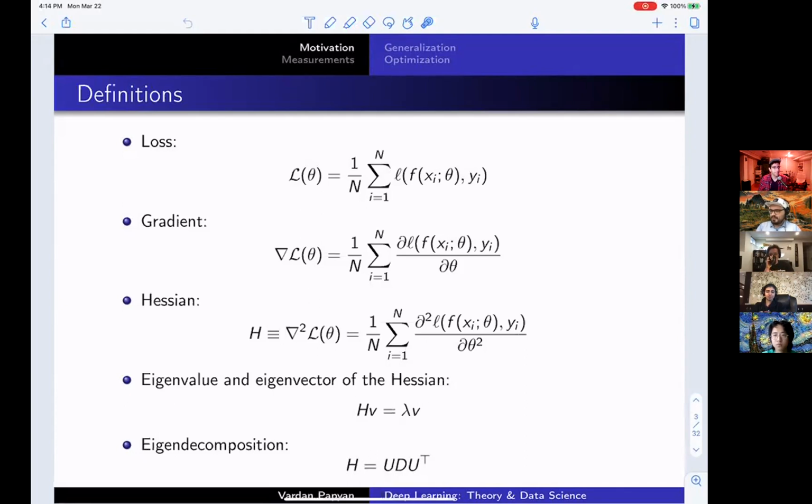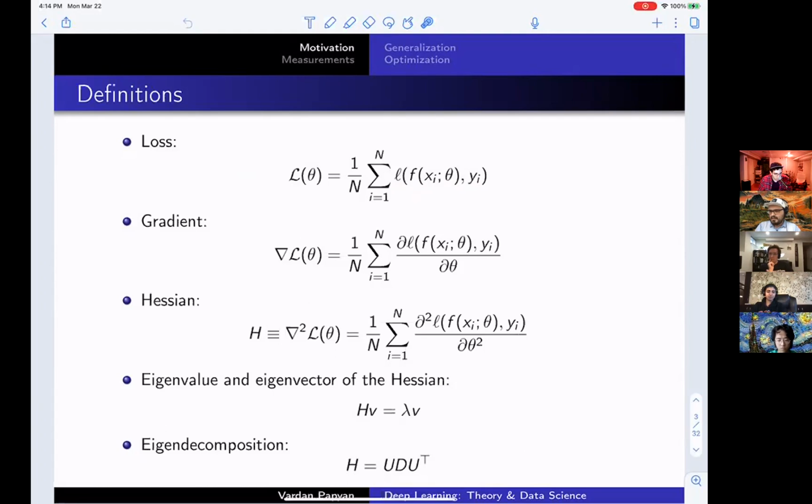Anyway, we have a loss function, which is a scalar, which you can think of as being the average cross entropy loss over your data set. I remind you that the xi's are the examples, the y's are the labels, f of xi theta are the logits, and we're calculating the loss over the examples.